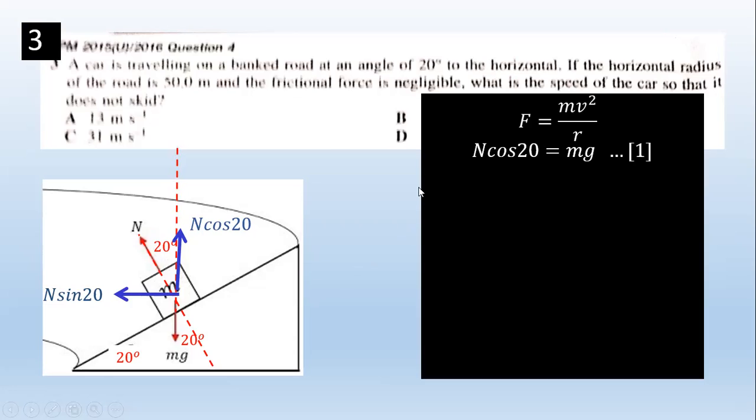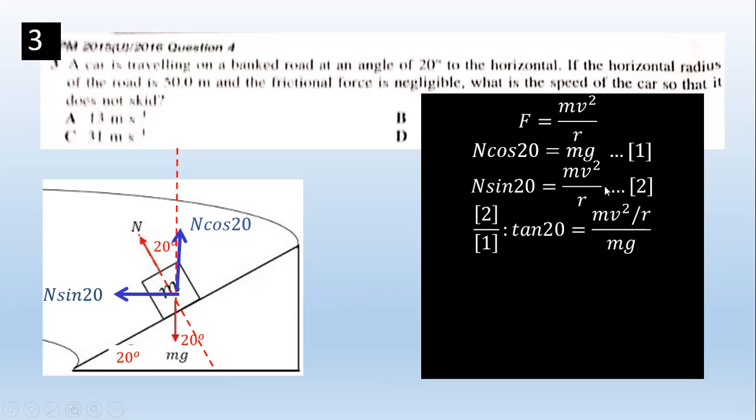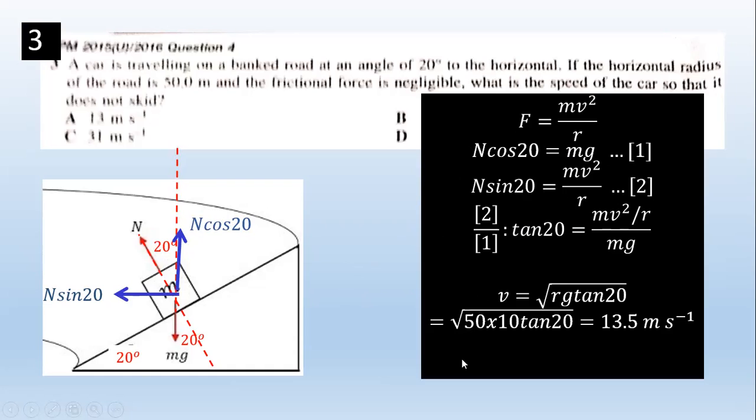If you resolve it vertically, that one balances the weight, and that one provides the centripetal force. Divide 2 by 1. As I say, you can remember the formula, so much better. If not, just derive it. It doesn't take a long time. N sin theta divided by N cos theta equals mv square over R over mg, m and N cancel out. You want velocity, so take the R and G across, and put in your value. Answer is A.